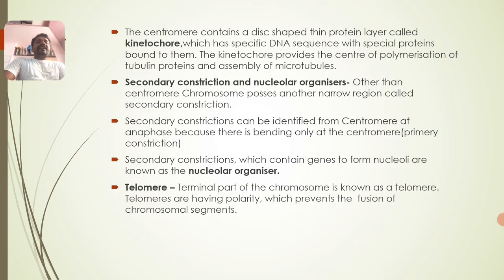The centromere contains a disc-shaped thin protein layer. Around the centromere, a thin protein layer is formed. That layer is called the kinetochore, which has a specific DNA sequence with special proteins bound to it.